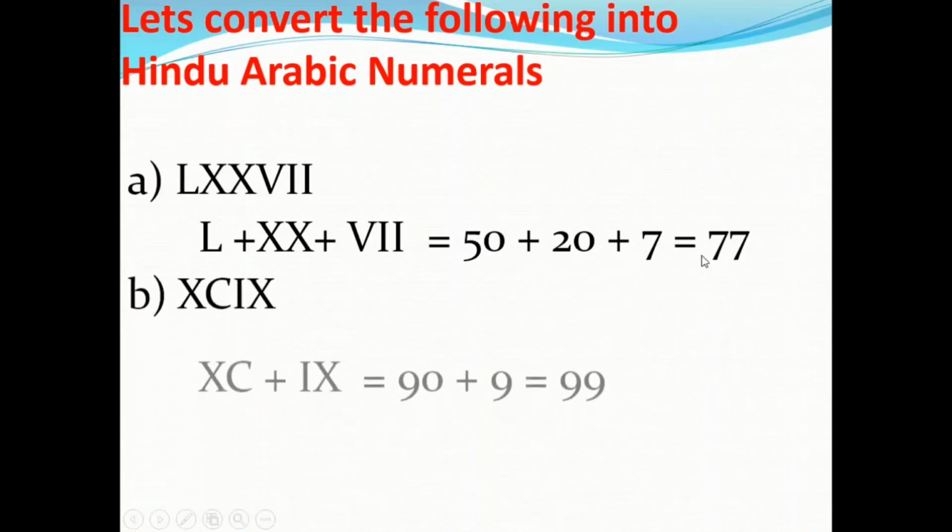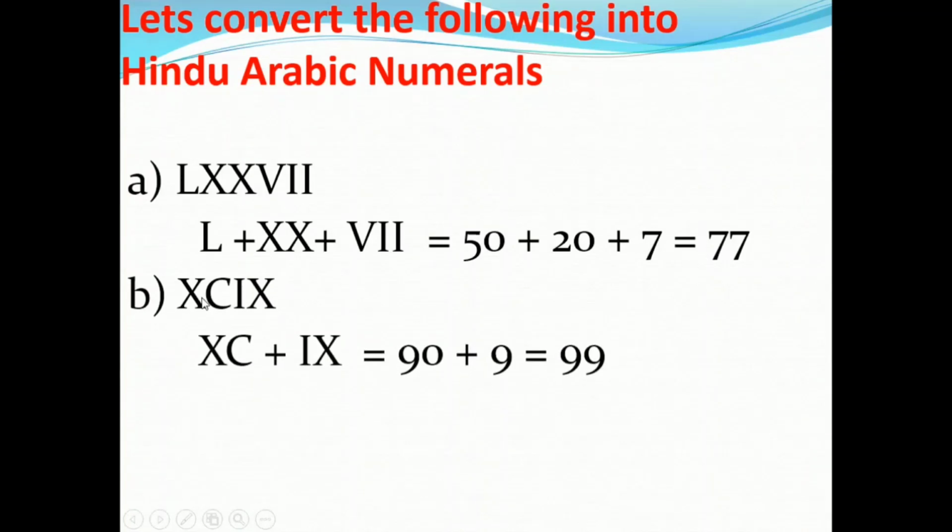Now we will see the next example, that is XCIX. Again we will expand this into the simplest form, XC plus IX. What is XC? It's 90. And what is IX? It's 9. So 90 plus 9 is equal to 99.